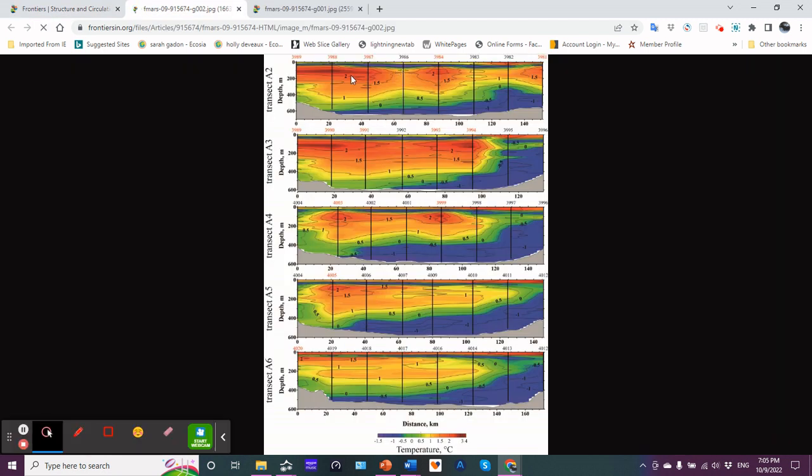Right, this is temperature. We see the warmer signal of the Fram Strait. Then you can see it gets cooler with these different transects because the Barents Sea is slightly cooler. Again, not by much.